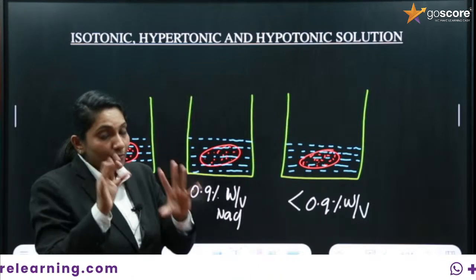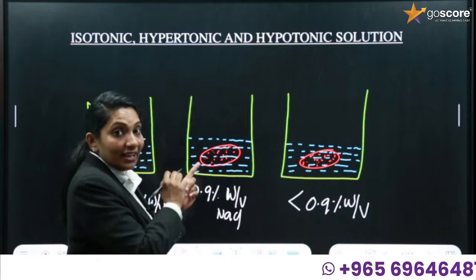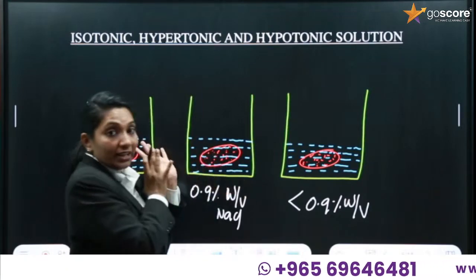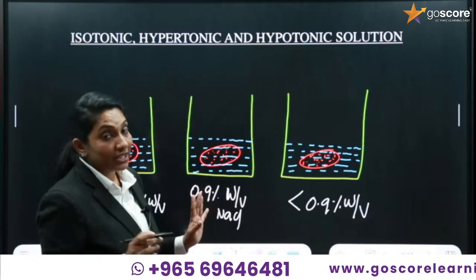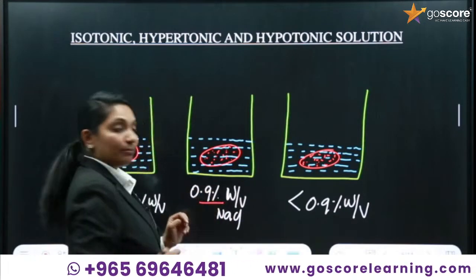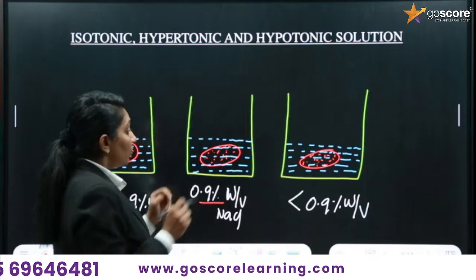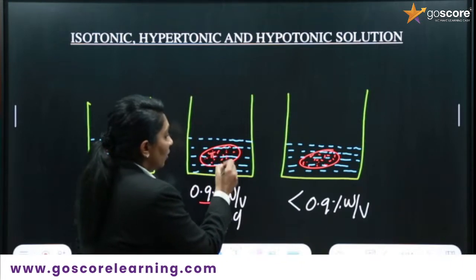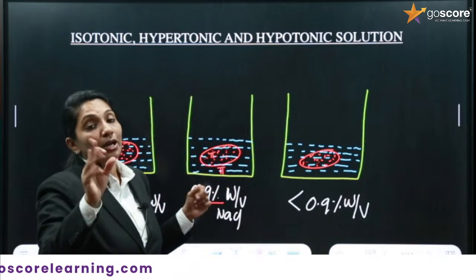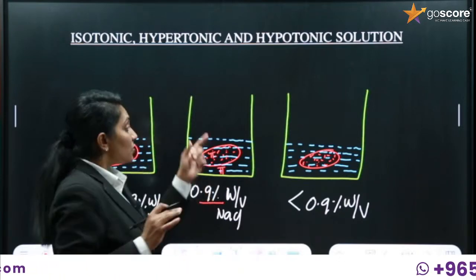The osmotic pressure exerted by the fluid inside the RBC is equivalent to the osmotic pressure exerted by 0.9 percentage weight by volume of sodium chloride, right? So what is it?